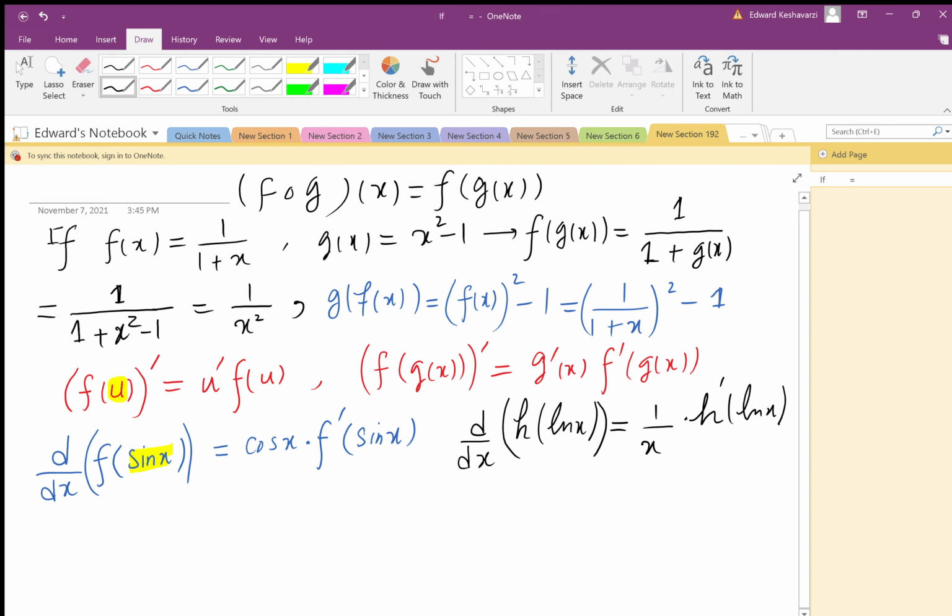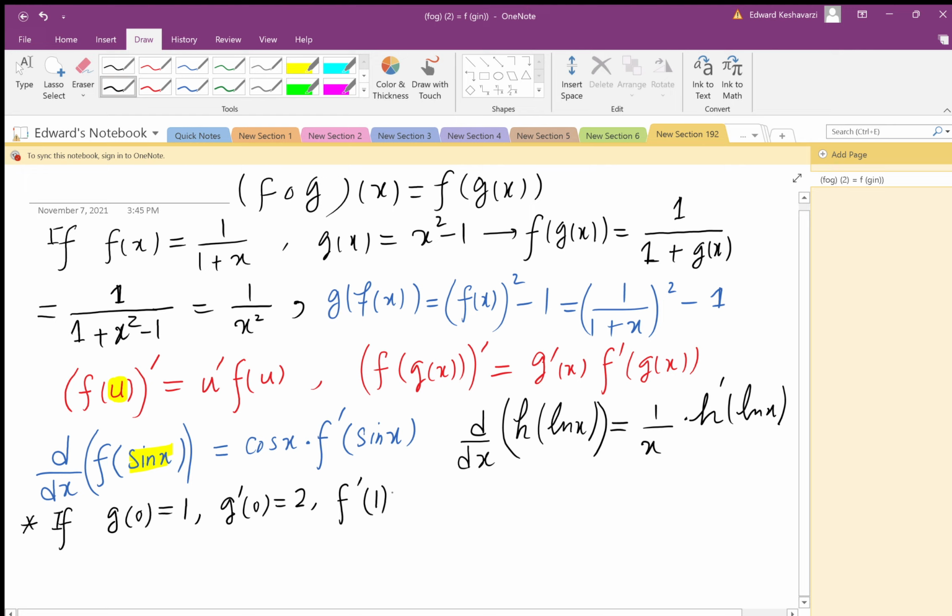Okay, let's have another example. If g of 0 equals 1 and g prime 0 equals 2 and f prime at 1 equals 3.